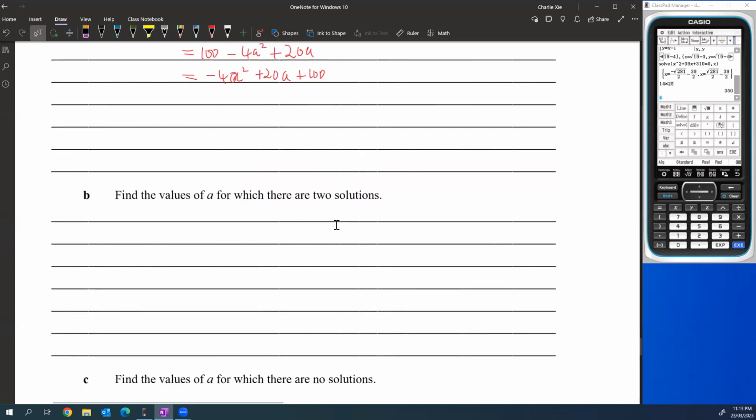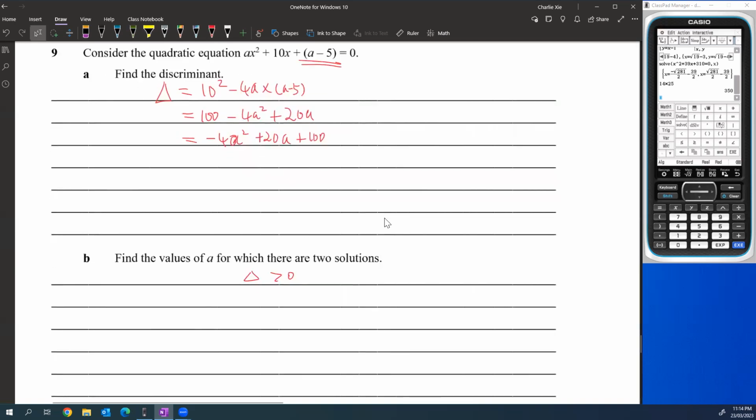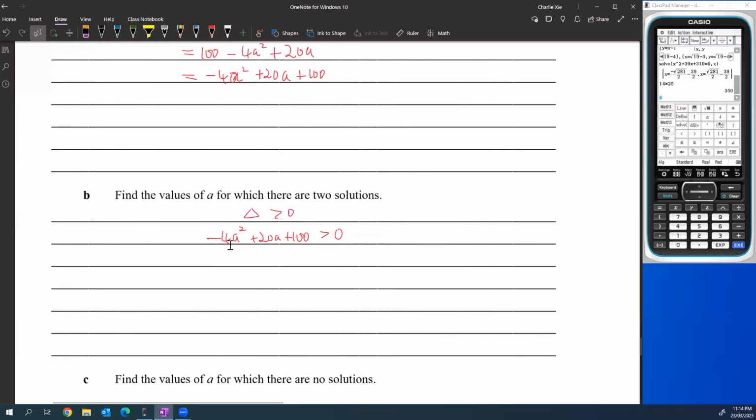B, find the values of a for which there are two solutions. So two solutions occur when the discriminant is greater than 0, and the expression for your discriminant is negative 4a squared plus 20a plus 100. That has to be greater than 0. When I see the numbers negative 4, 20, and 100, they're all multiples of 4.